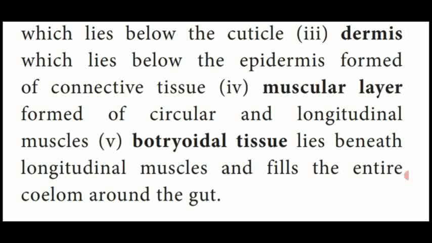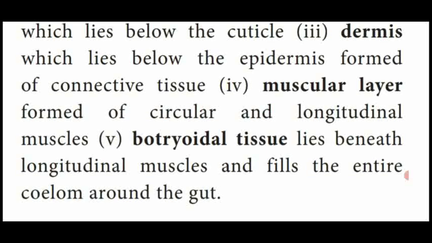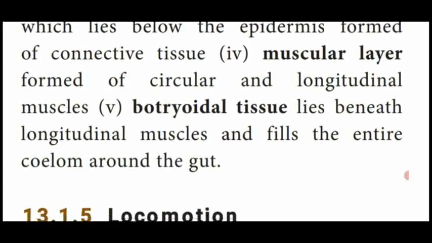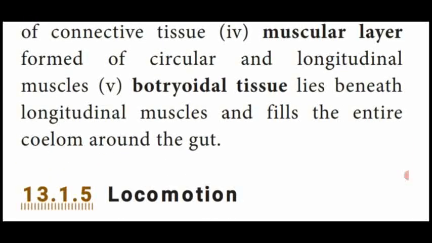Last one is the botryoidal tissue, lies beneath the muscular layer, that is longitudinal muscles, and it fills the entire body cavity or coelom around the gut region. So this is said to be the body wall of the leech. Cuticle, epidermis, dermis, muscular layer, and botryoidal tissue.